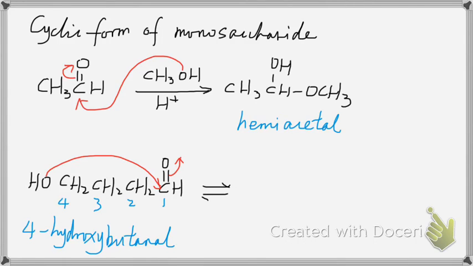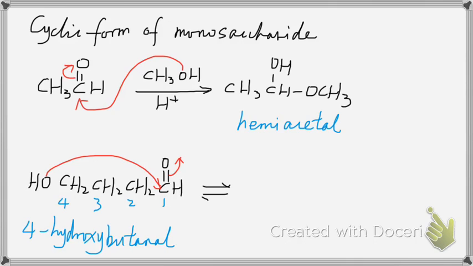So the structure shown here is 4-hydroxybutanal. We have OH on carbon 4 of this aldehyde. So an intramolecular nucleophilic addition will take place. The OH on carbon 4 will serve as the alcohol to attack the carbon 1 carbonyl.